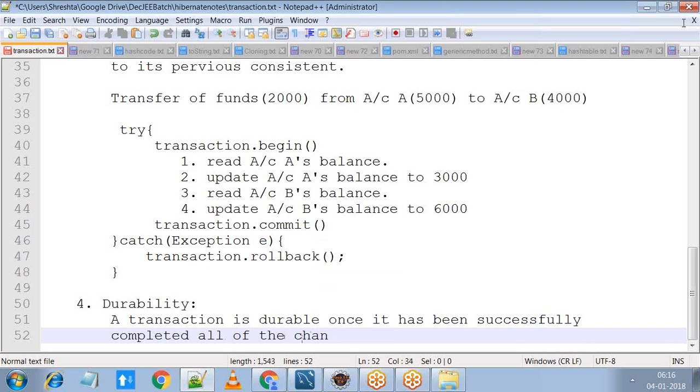All of the changes it made to the DB are permanent.